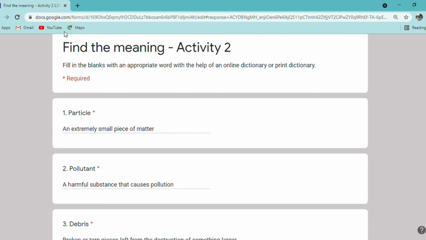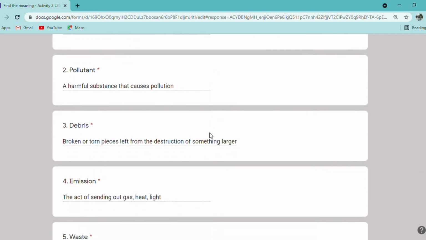The third word is debris. So debris is broken or torn pieces left from the destruction of something larger. The fourth word is emission. Emission is the act of sending out gas, heat, and light.